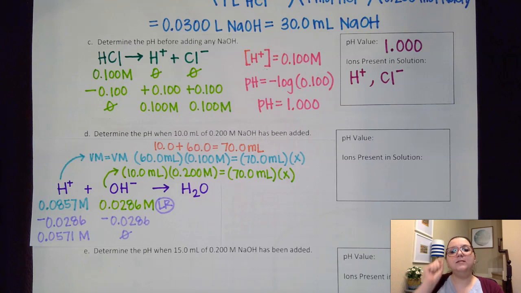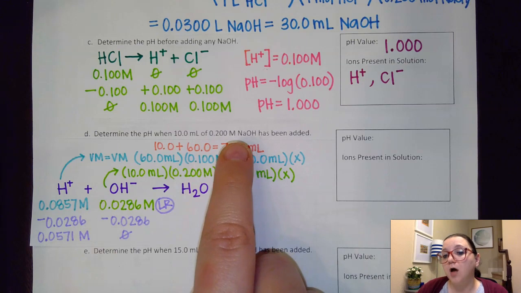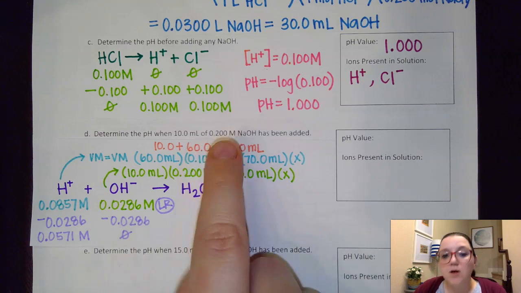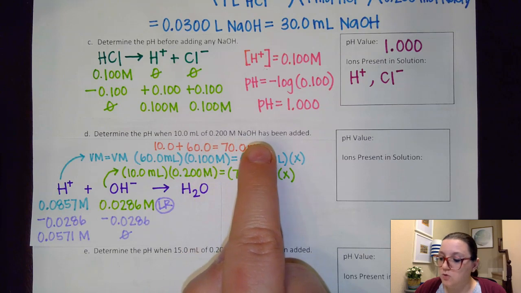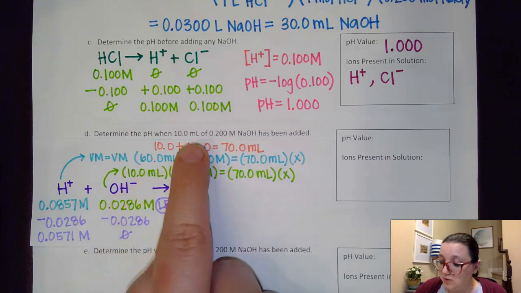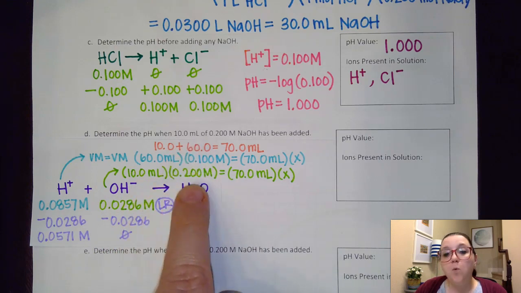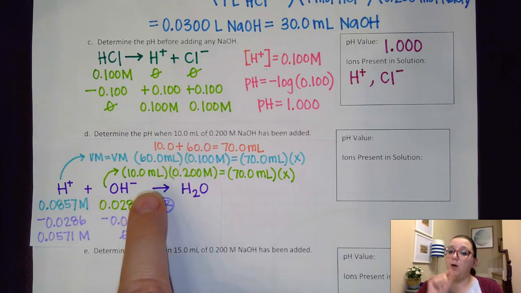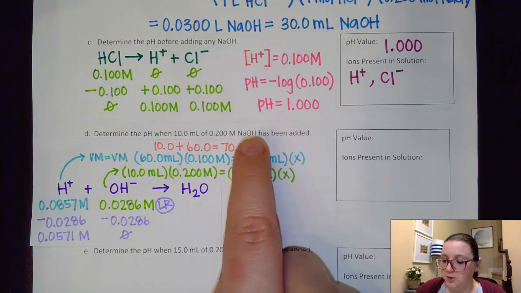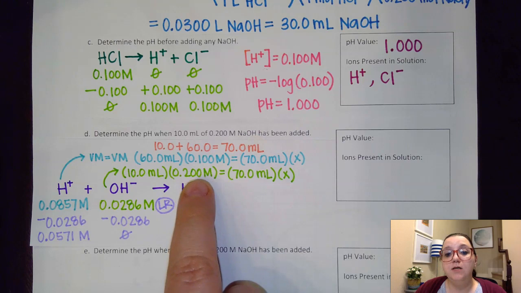I want to do the same thing for the hydroxide. Now, sodium hydroxide, when it dissociates, gives me 1 hydroxide, and so it should have the same molarity as the NaOH. So notice for the OH, I said I had originally 10 milliliters, that was the volume they gave me, of 0.2 molar OH. Now, I will warn you, if you had 2 hydroxides here, then this molarity would have needed to be doubled.